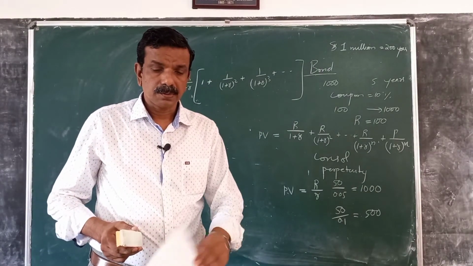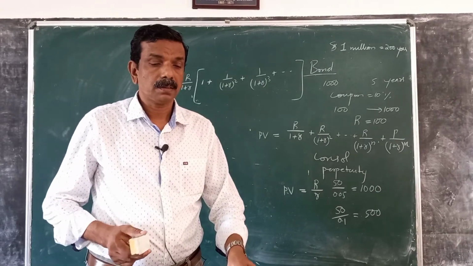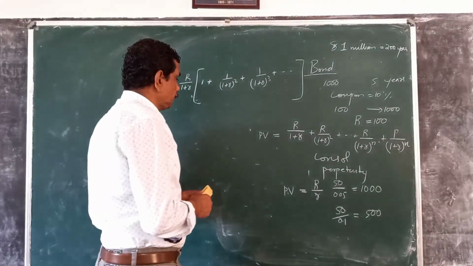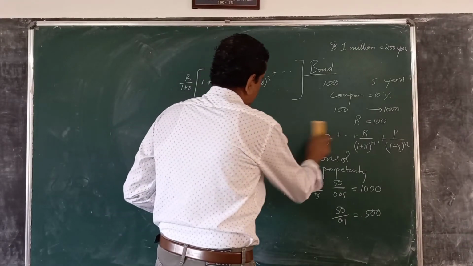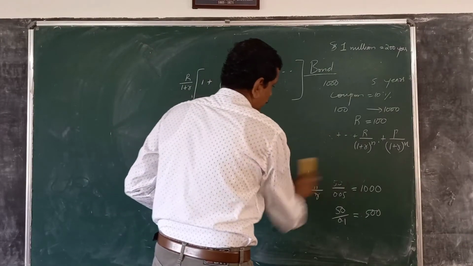And this, as you can see, is a geometric series with a common ratio 1 by 1 plus i.